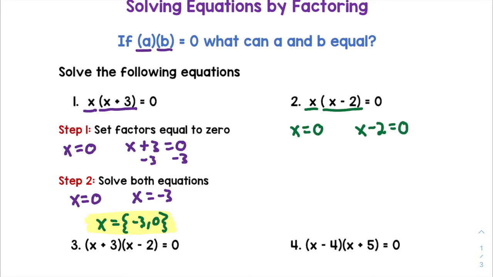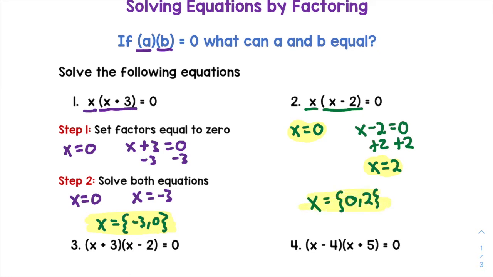We're now going to solve both of these equations, in which the first equation, x = 0, is already solved for x. And for the second equation, we will add 2 on both sides, leaving us with x = 2. In our solution set, x would equal 0 and 2.